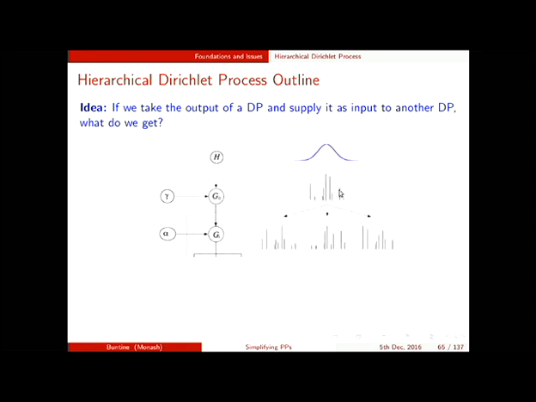So these three, they're all variants of this one. They're non-zero at exactly the same points. The heights vary, that's all. So while we started off with a Gaussian at our first level, our Dirichlet process then gives us a probability vector over points. Now what we're going to get is different probability vectors. These probability vectors are all variants of this one.